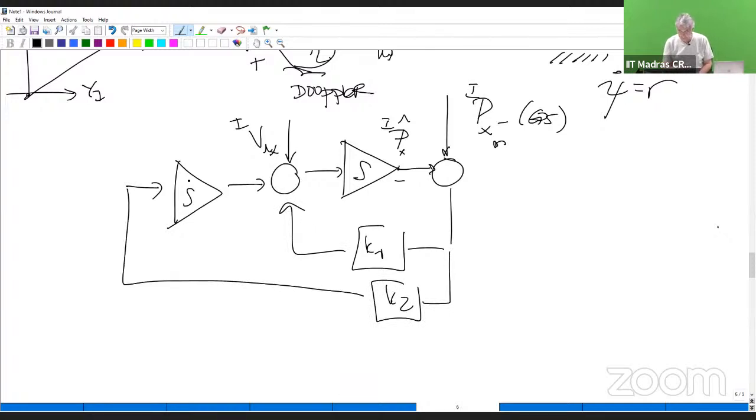This guy will learn the velocity of the current automatically, and it will kill the component that comes there, so that you get very good estimates of the position of the boat. Now, pay attention to something very interesting. Suppose the GPS goes blank for some time. When you detect that there are no measurements, you cut this. And in this case, what you are doing is simply propagating forward the prediction phase.